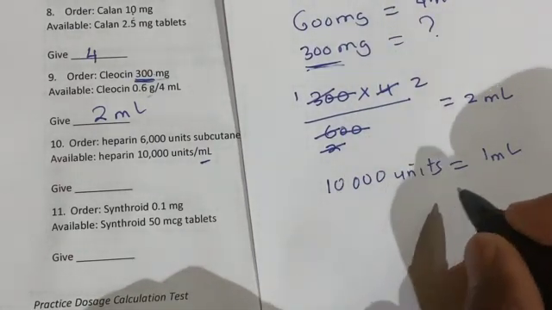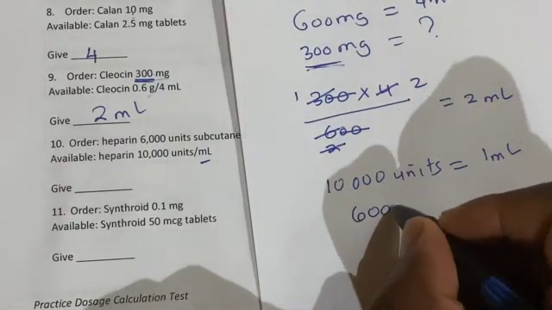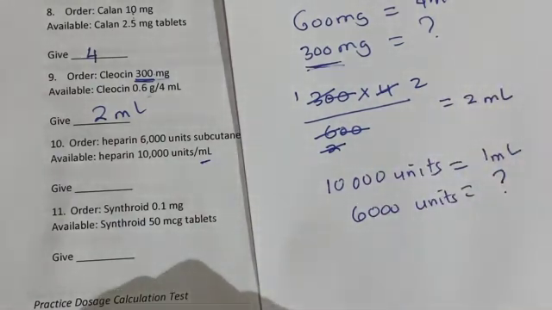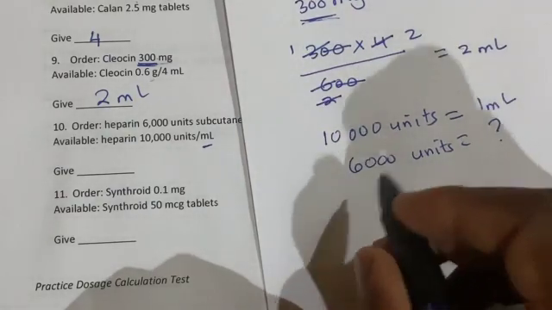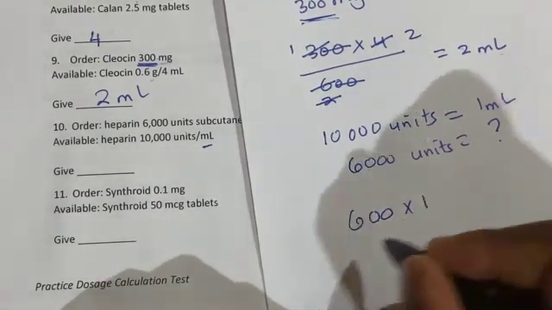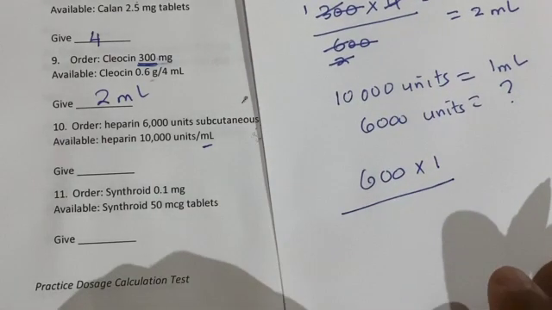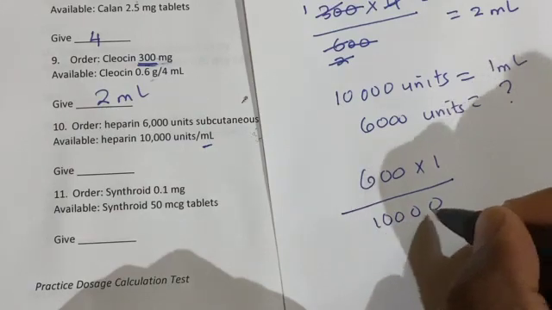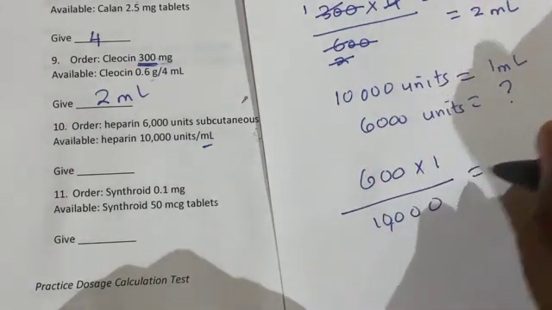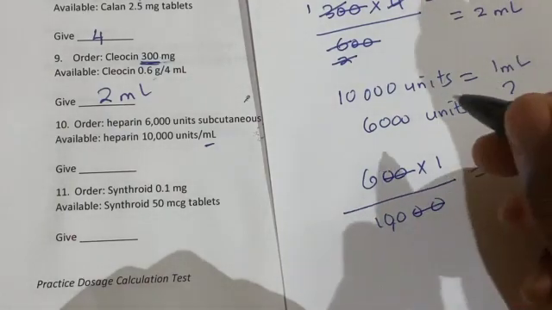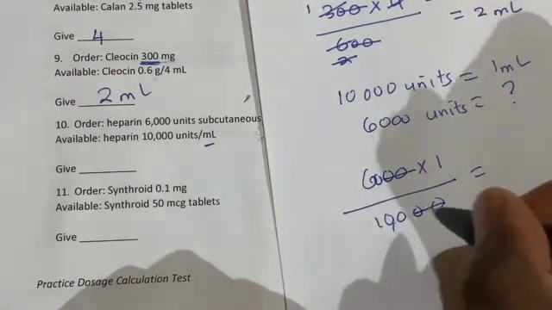So what about 6,000 units? It's the same as how many ml? So you cross multiply. This one will be 6,000 times 1. You divide it by 10,000. So these zeros go with these. This is 6,000, sorry.